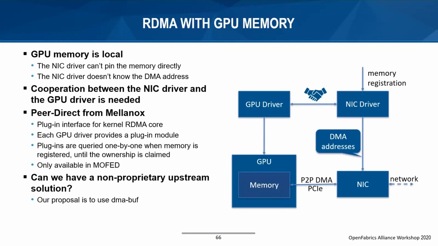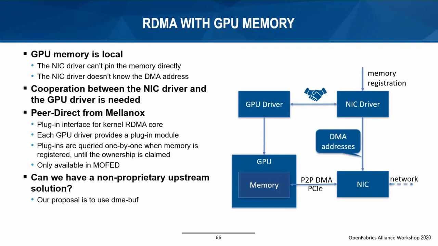One example of supporting this kind of operation is PeerDirect from Mellanox. PeerDirect provides a plug-in interface for the kernel RDMA driver. Each GPU driver provides a plug-in module that implements a certain set of API functions that are called by the RDMA core.